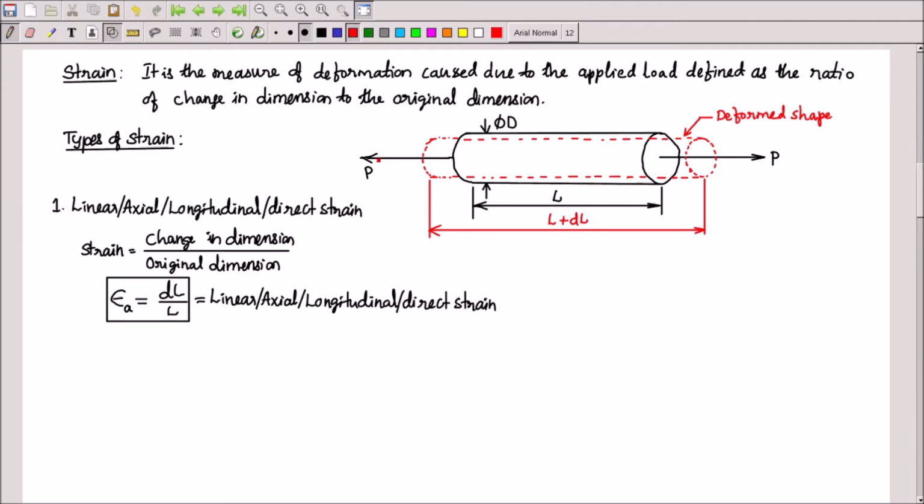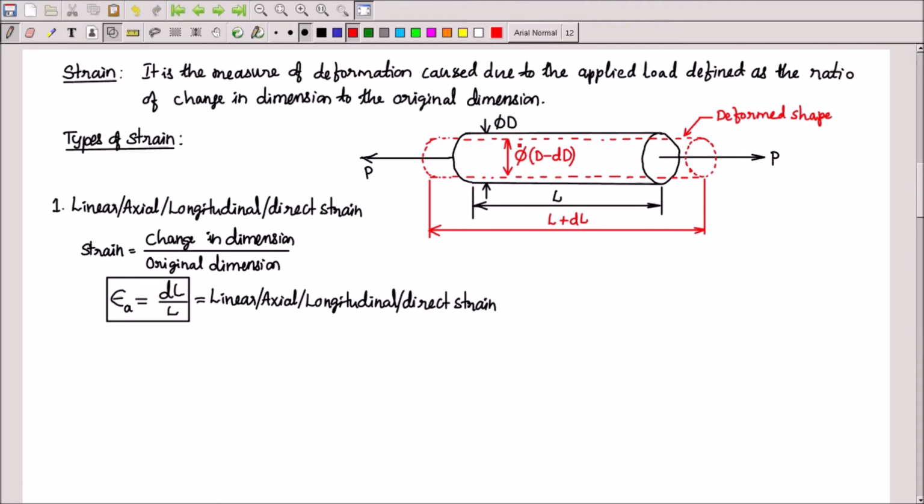We will also observe that the diameter is changing. When I elongate this bar, the length is getting increased, but the diameter is getting reduced. So I'll call the new diameter d minus dd, because the diameter is reduced and the reduction amount is dd. Small dd is the amount of change in diameter.